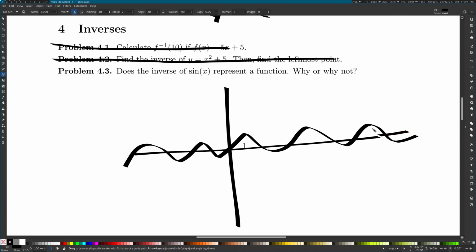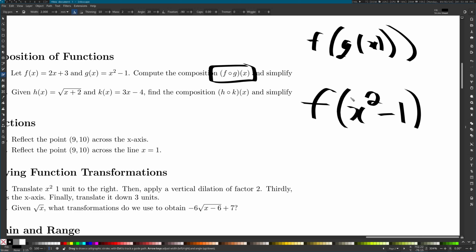So if it's f circle g, that would be f of g of x, right? So we're going to have f of x squared minus 1. And what is f? f is 2x plus 3. So let's just plug that in. Everywhere there's an x, we're going to put x squared minus 1.